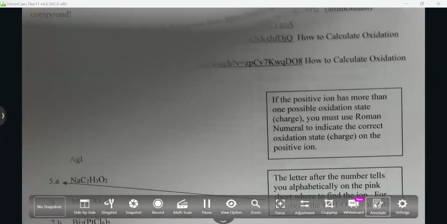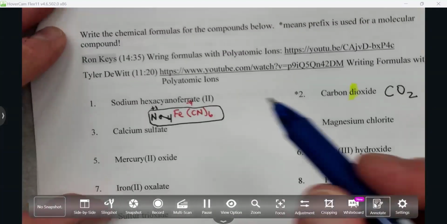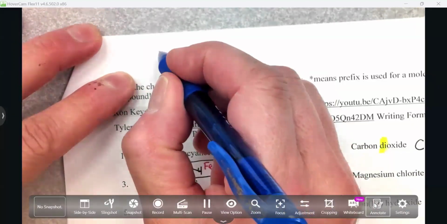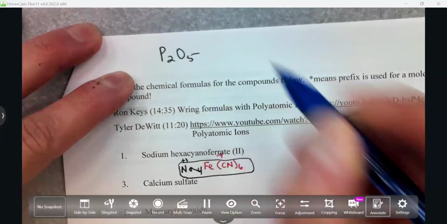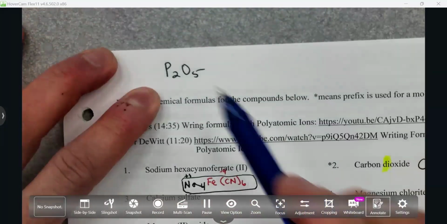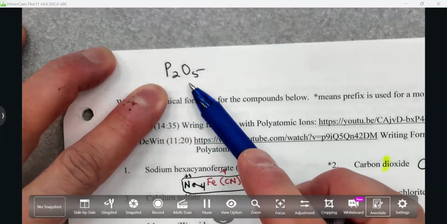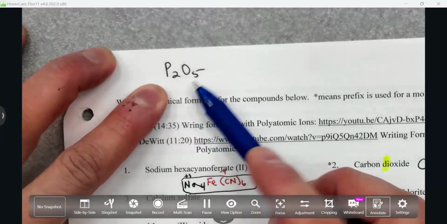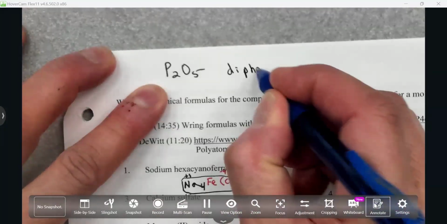Now, to help you out with OWL, if you get ahead of an OWL, let me show you this. If we name this compound using prefixes, this is going to be diphosphorus.